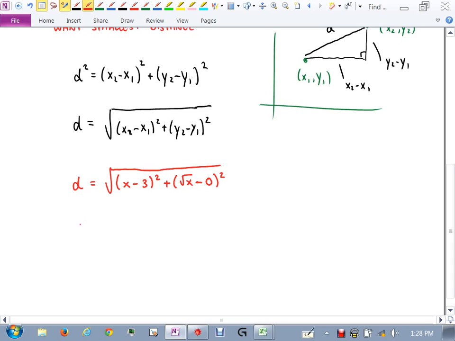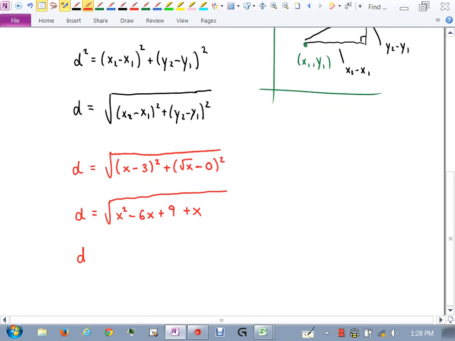Let me clean this up. The distance is the square root of x squared minus 6x plus 9, plus x. So the distance is the square root of x squared minus 5x plus 9.